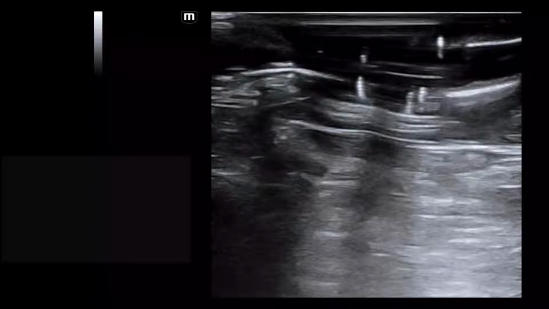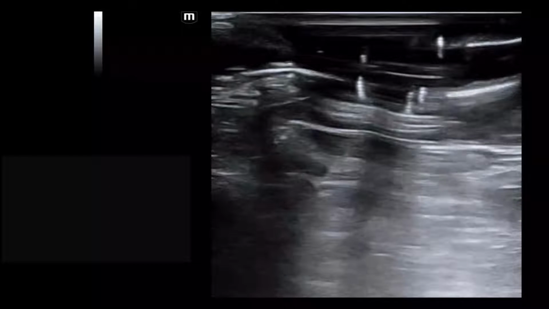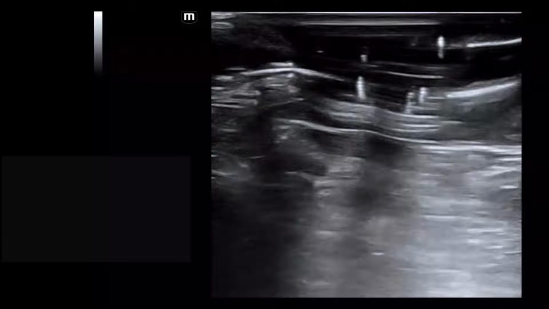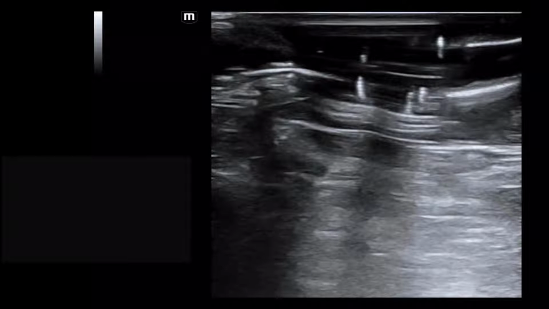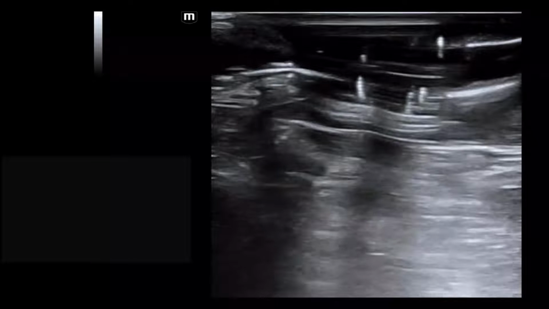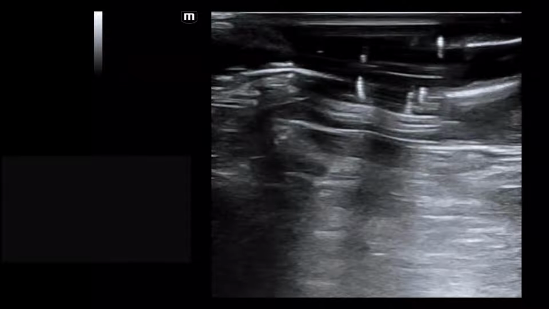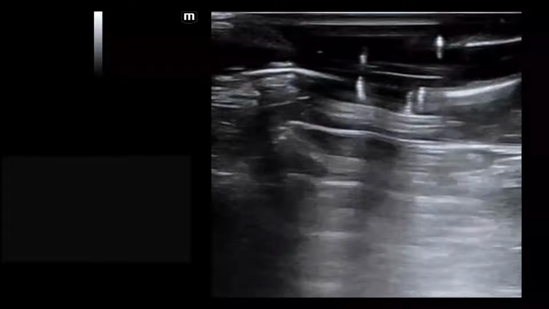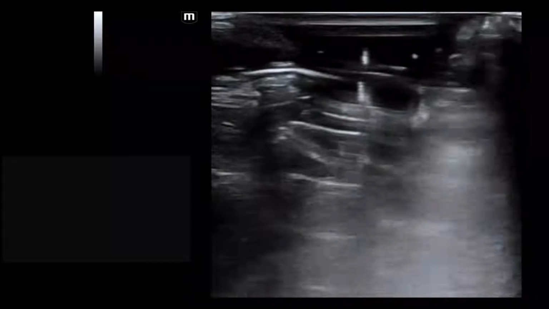So in the interest of time, I will concentrate on the airway ultrasound per se, particularly from the thyroid right up to the trachea, and also demonstrating the esophagus, particularly if we are doing confirmation of endotracheal intubation.